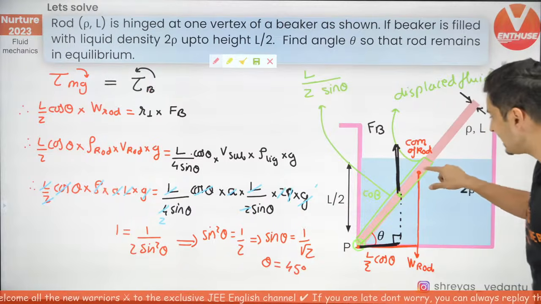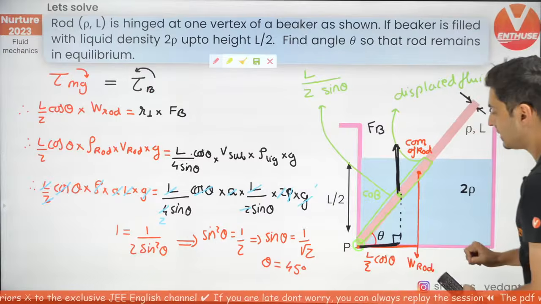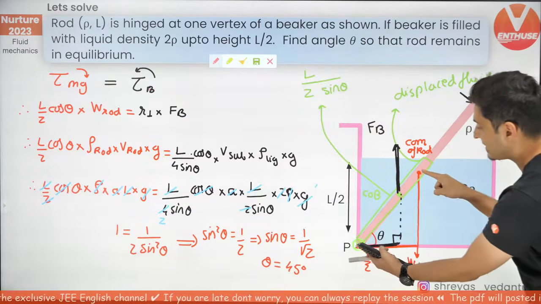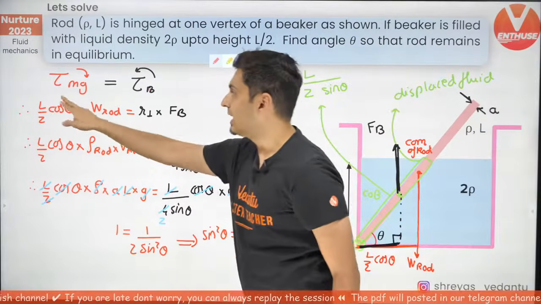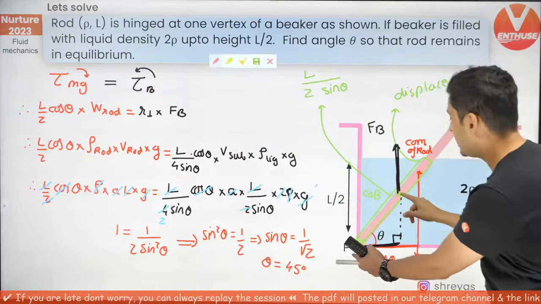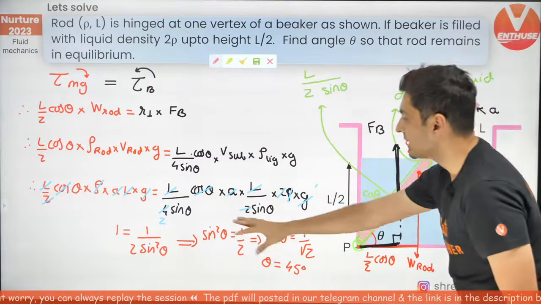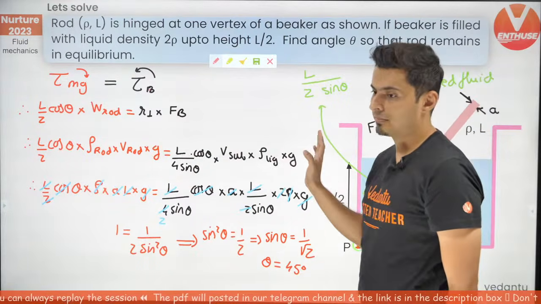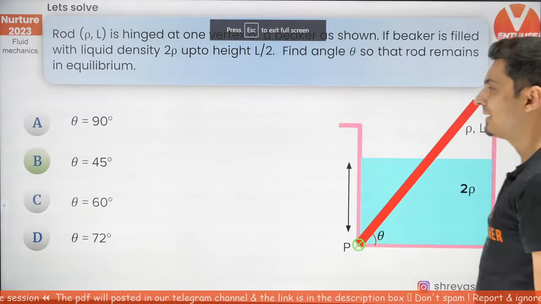Gravity acts from the center of the rod, buoyant force acts from the center of the submerged part. So the challenge was to find the center of the rod, which was over here. So from that we got this, and the center of buoyancy is somewhere here. We got it via trigonometry. That's it. Rest all is just solving. As simple as that. So you will get the answer as 45 degrees.